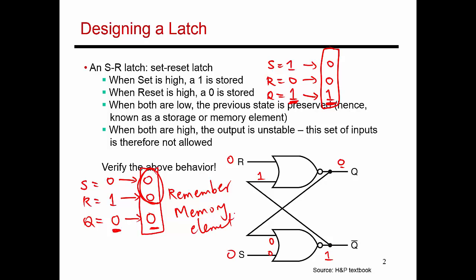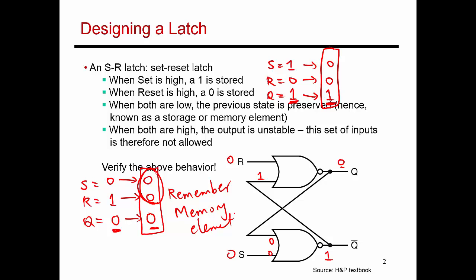Okay, so if R is 1 and S is 0, then we are in the reset state where we are resetting the output to 0. If S is 1 and R is 0, we are in the set state where we are setting the output to be a 1. And if the inputs are both 0 and 0, then we are in this remember state where the output is whatever the last value of the output was.